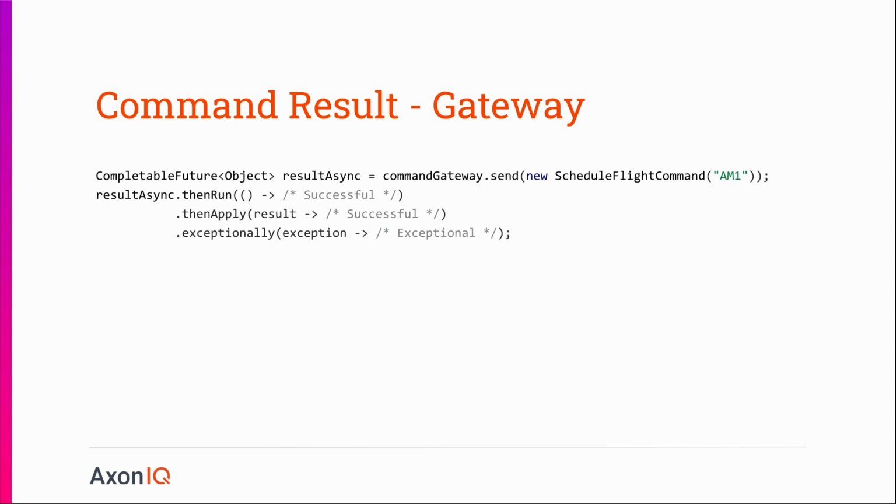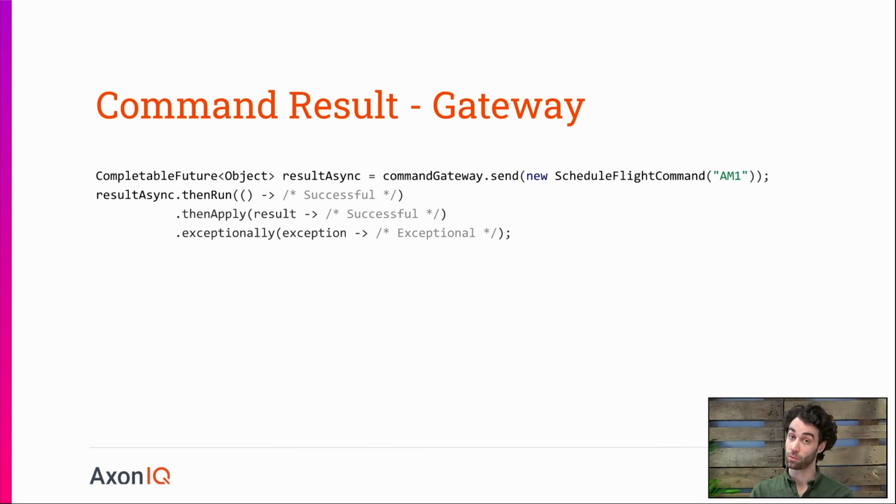The result handling, when we're dealing with the command gateway, is slightly different. If you're doing the send, you'll get a completable future, so that you're asynchronous in this process. On the completable future, we can do things like thenRun and thenApply, which would be invoked if command handling was successful. If an exception was thrown, exceptionally on a completable future is the means to react in exceptional situations.